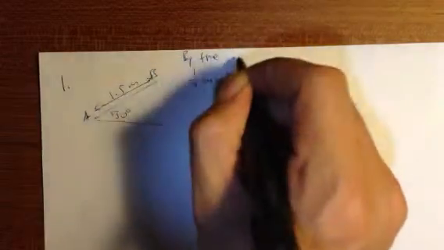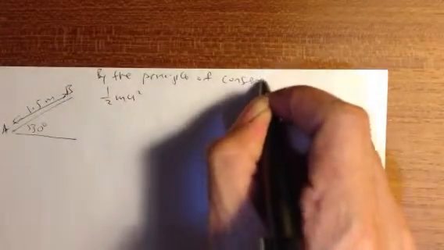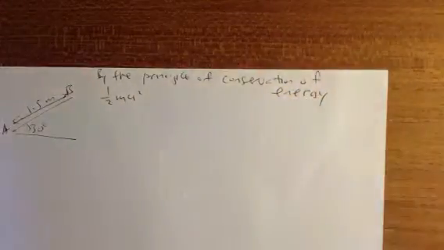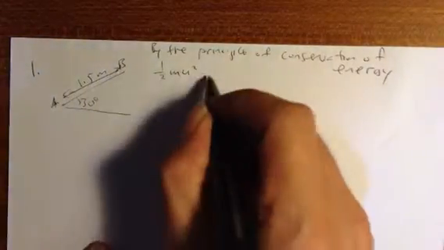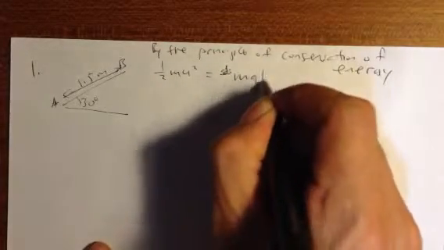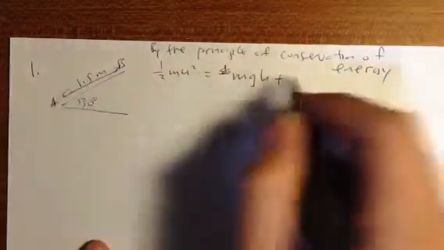Okay, so how does the equation look? I'll say, by the principle of conservation of energy, half mu square, that's the initial KE, equal to mgh, the gravitational potential energy, plus the frictional losses, which is 1.5 multiplied by the frictional force.